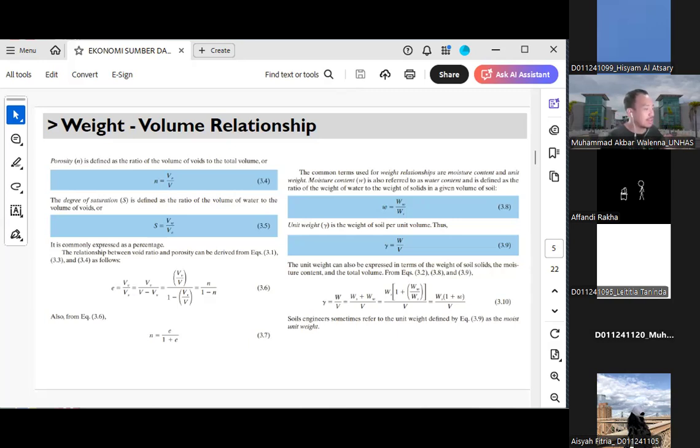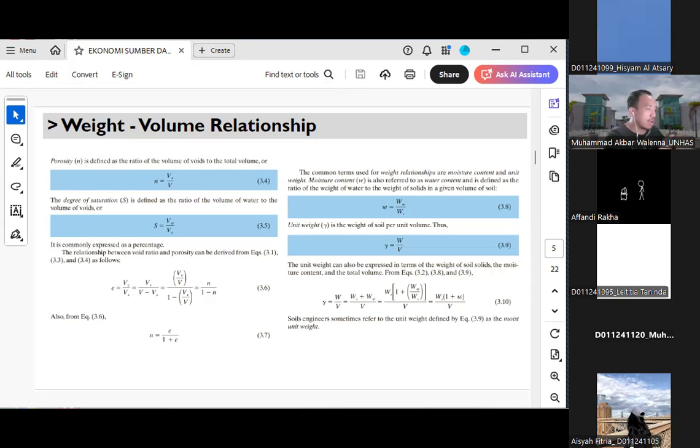Here's the thing. You don't need to worry about memorizing this formula. But what you need to understand is that void ratio and porosity are correlated. They are basically two sides of the same coin. High porosity means high void ratio, so you can see that they are linearly related. Low porosity means low void ratio.